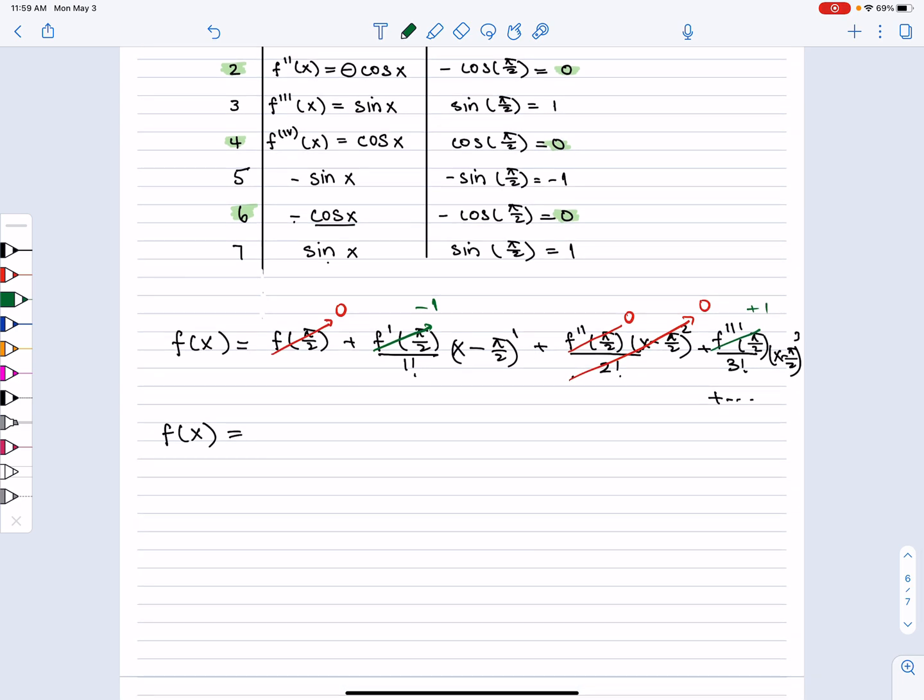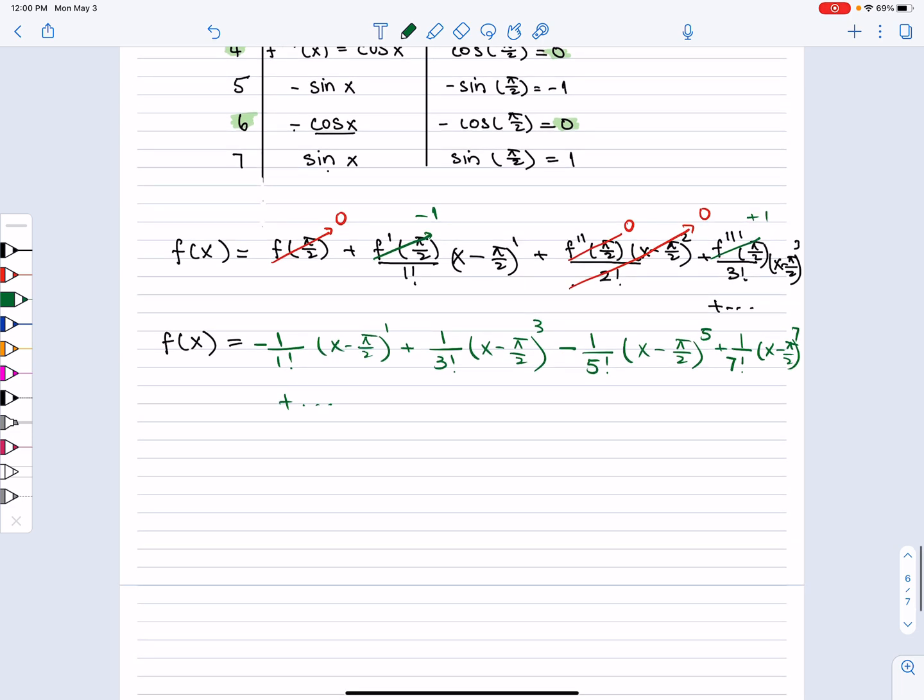So we're going to say that this is going to be a -1 over 1 factorial, x minus pi over 2 to the first, plus 1 over 3 factorial, x minus pi over 2 to the third power, minus 1 over 5 factorial, x minus pi over 2 to the fifth power. And then we'll have plus 1 over 7 factorial, x minus pi over 2 to the seventh power. And then the idea will continue.